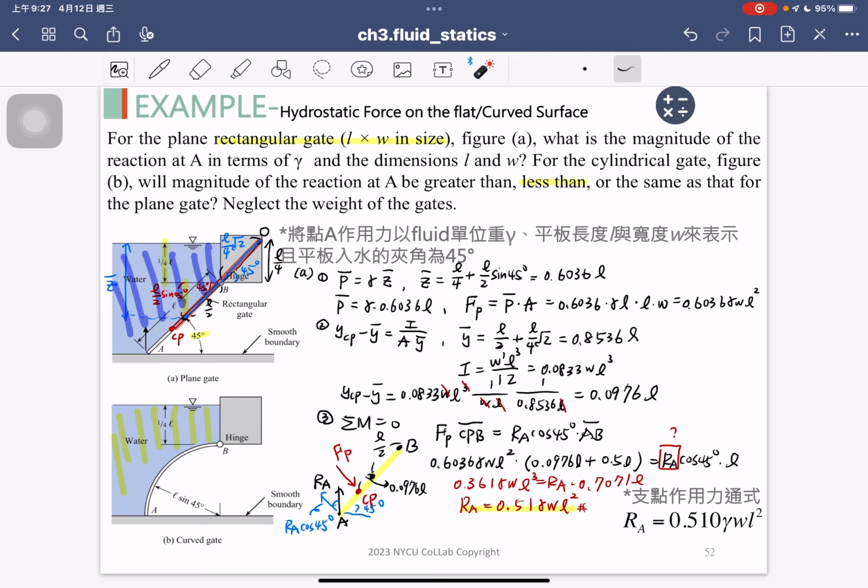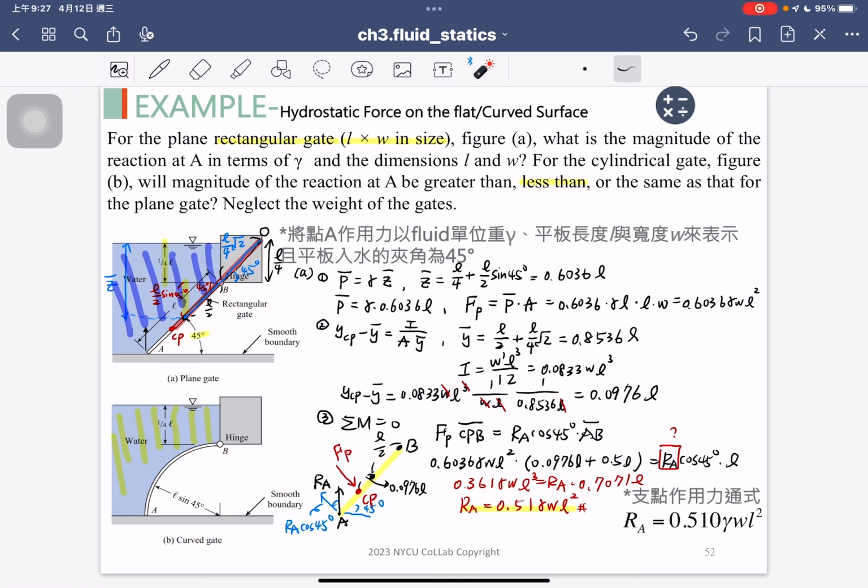Okay, so for the second question, we don't need to calculate the answer again because we only need to figure out how much fluid weight the gate needs to overcome. So for the top one, the fluid weight is larger.